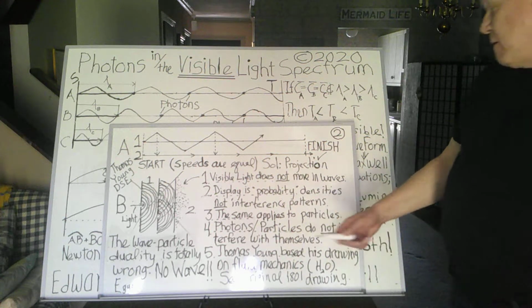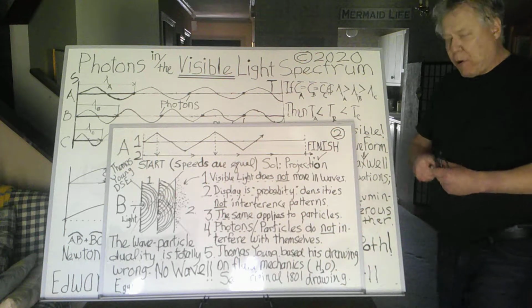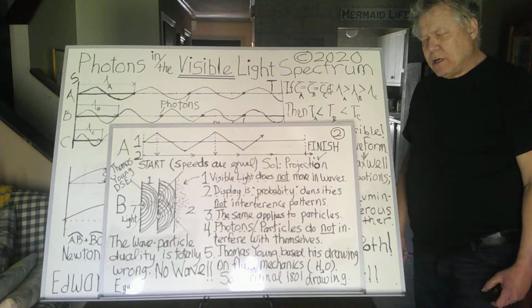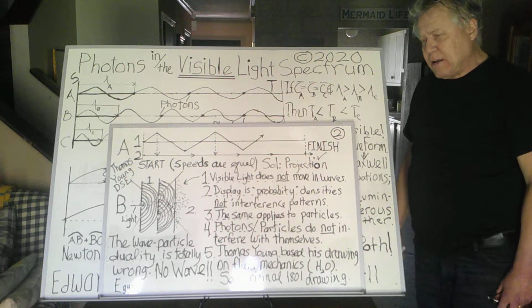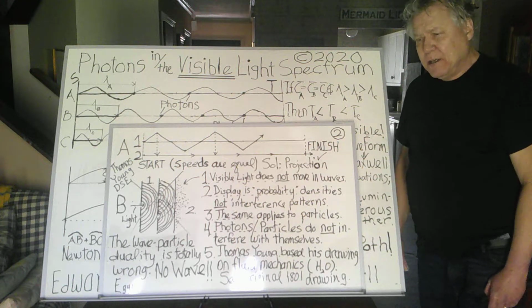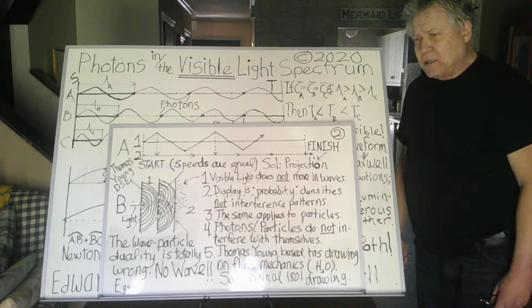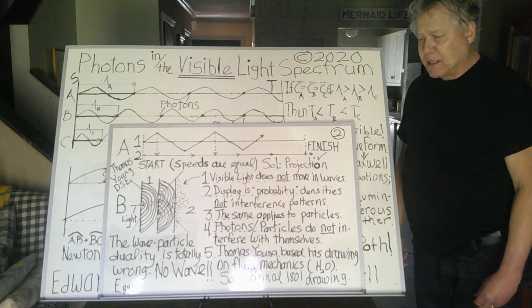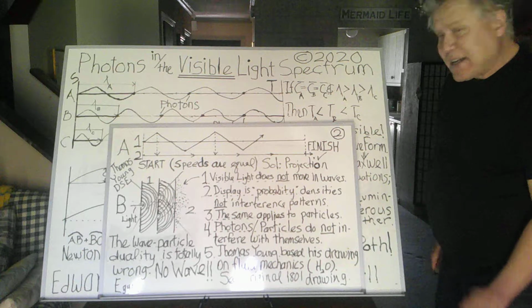The other idea that I've seen with particles is that sometimes if you shoot an electron or some small object, it goes in and comes back out and goes back in again to interfere with itself. No, this is science, and it's based on reality, not speculation, and that doesn't happen.